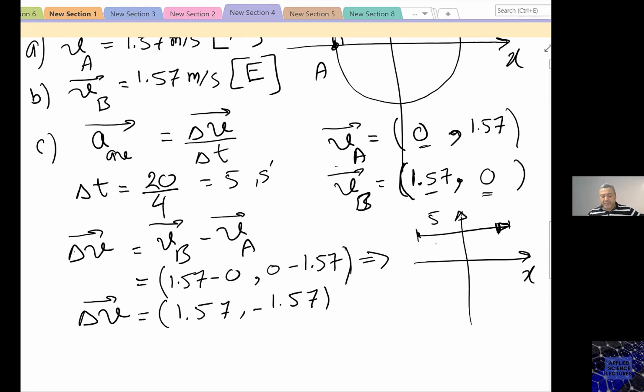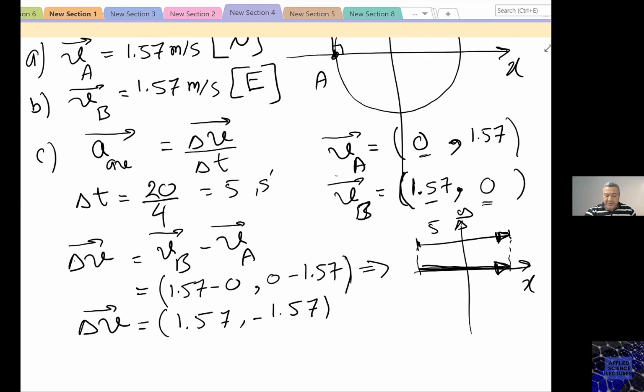If you project it on the x, what do you get? You get the same magnitude. If you project it on the y, what do you get? Zero, because it has no component. It has no projection on the y, because it's perpendicular. Okay, thank you.